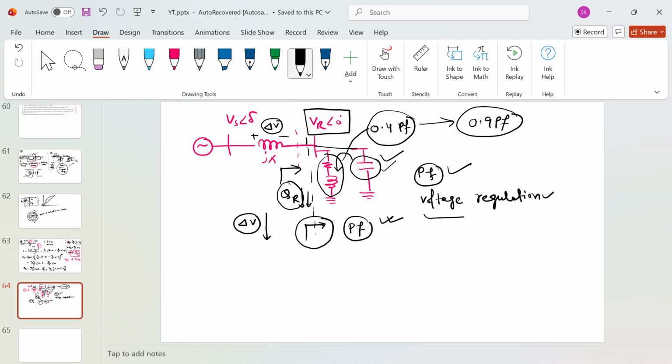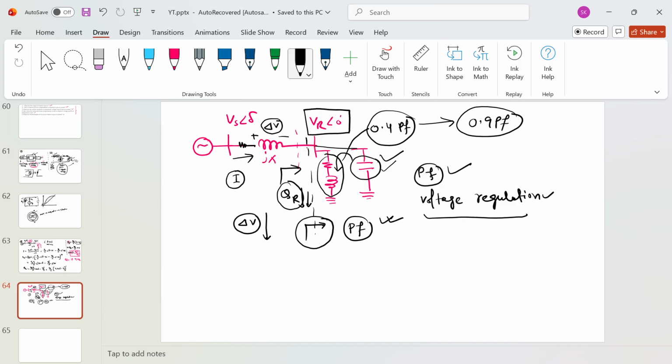So these are the main things. Also, once you have this compensating device, you need not transfer the reactive power from the source. If you consider resistance here, then to carry a good amount of reactive power from source to receiving end, the current in the line will also increase.